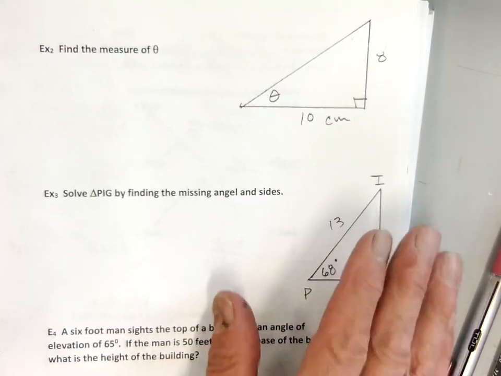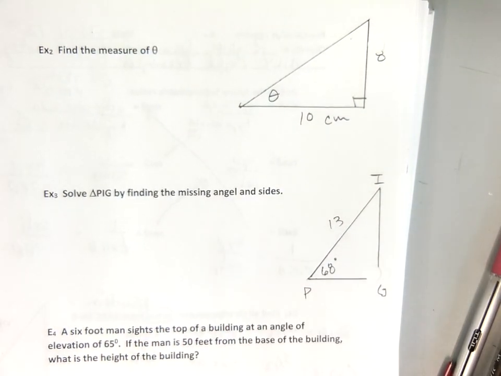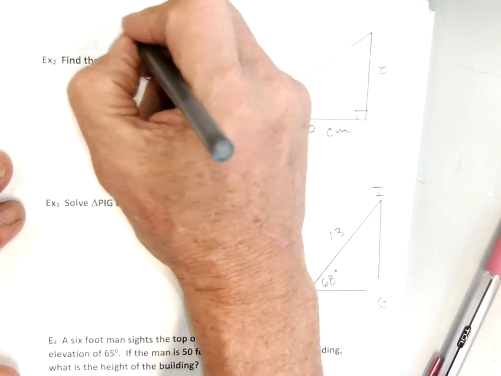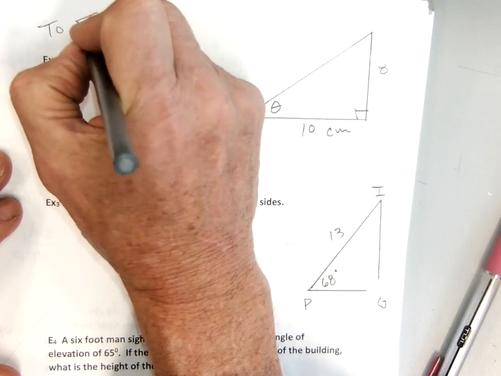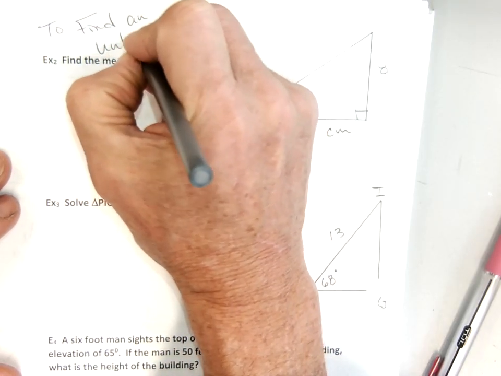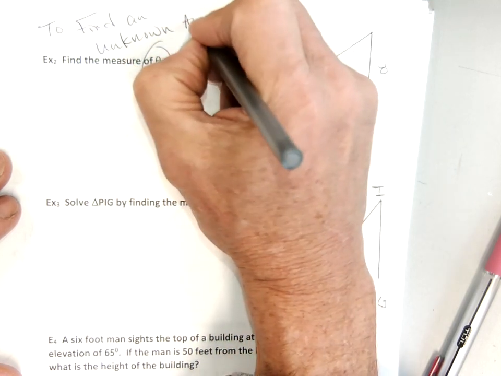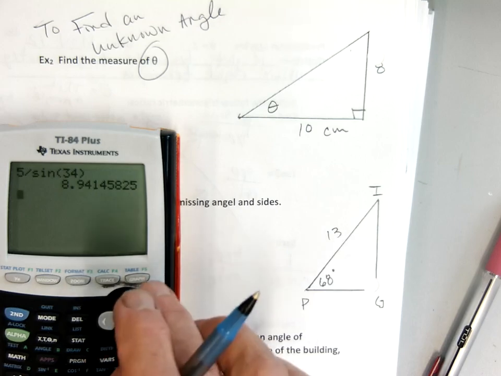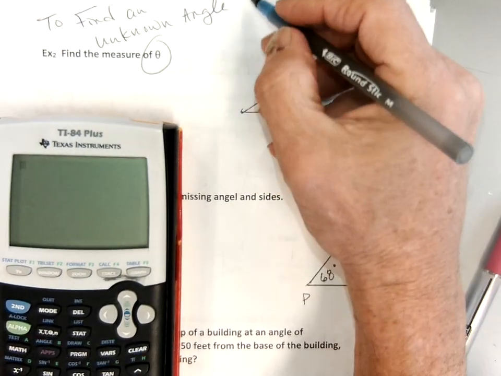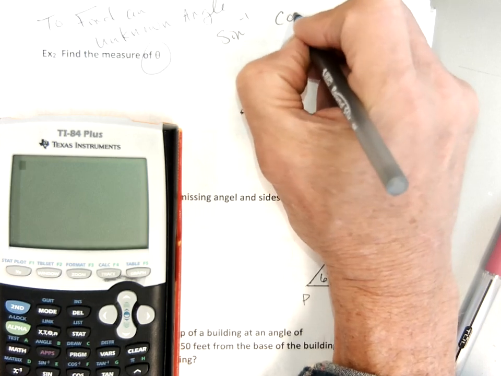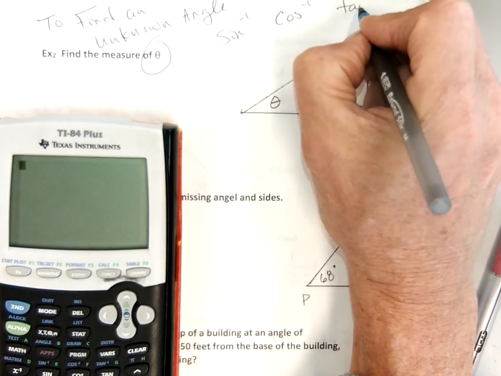Okay, now, theta. Anytime you want to find an unknown angle, you're going to push either sine inverse, cosine inverse, or tangent inverse, and they're in blue.